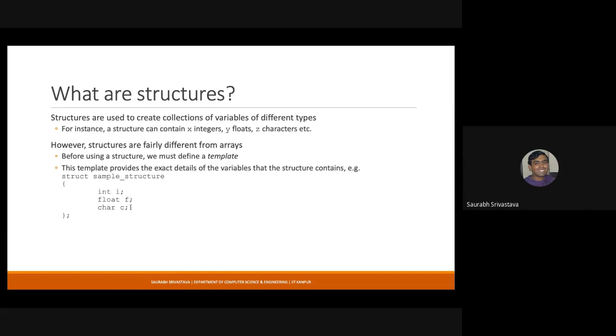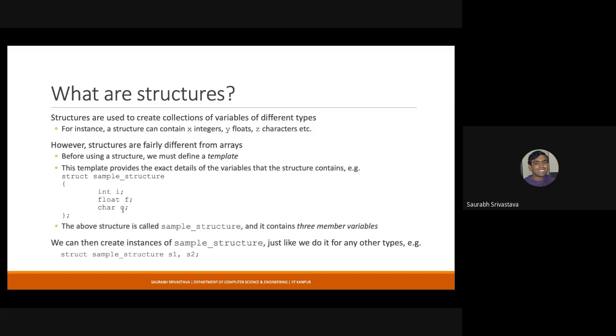These i, f, and c are known as the member variables of a structure of name sample_structure. So this is a template. You define the template so that all the structure variables which I am going to create will have these three member variables i, f, and c.